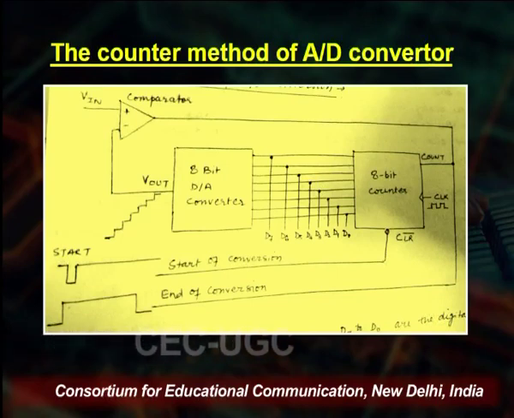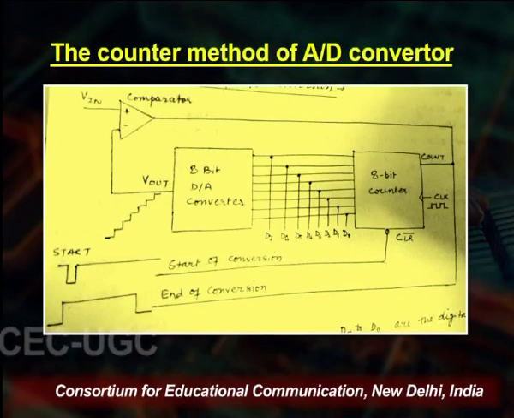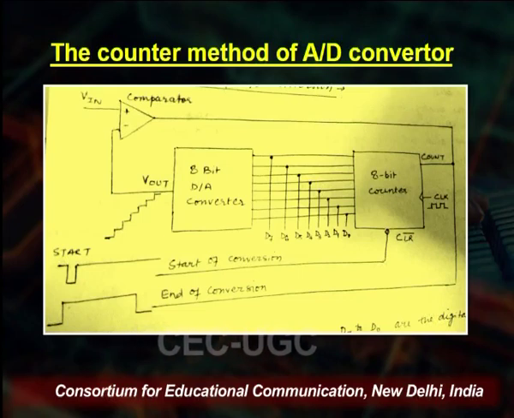Therefore, if the input analog signal is more than the reference signal, then the output of the op amp would stay in the plus saturation. The moment the input analog voltage of the op amp falls below the reference voltage, the op amp would change state to minus saturation, negative saturation.